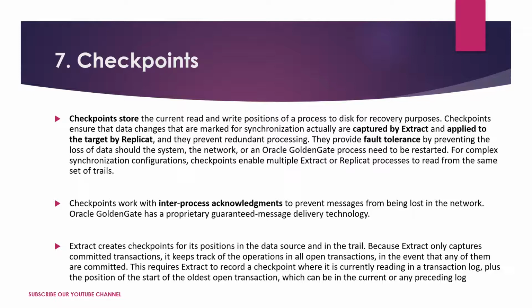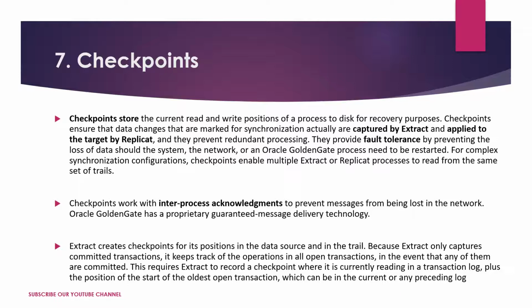If there is some issue in the system or in the network, or for any other reason, the Golden Gate processes automatically get restarted, which means through the checkpoints we can ensure there is no data loss. And for complex synchronization configurations, a checkpoint enables multiple extract and replicate processes to read from the same set of trails.